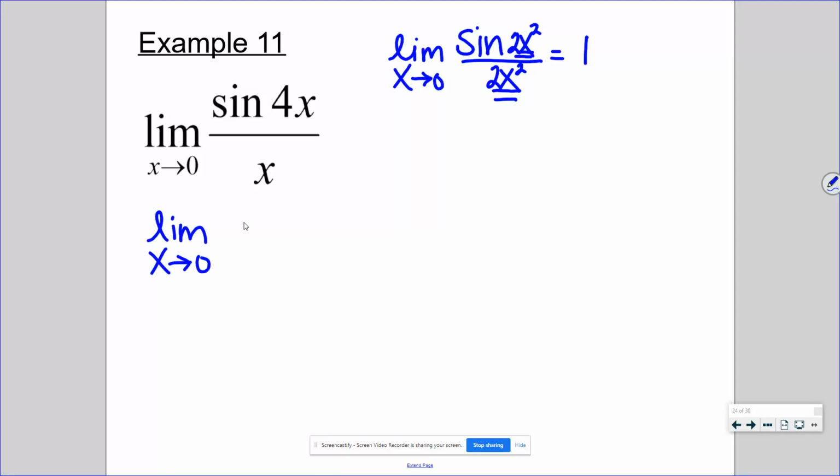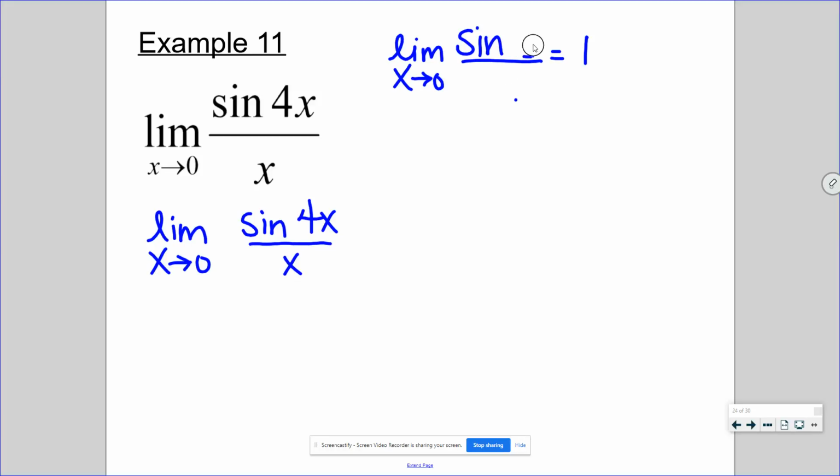So I am actually not going to split this one up like I did last time. The reason I'm not going to is because it almost looks like sine x over x, except this 4 is here. The 4 can stay where it is, and as long as I have a 4 on the bottom to match it, then I could use this special trig rule that sine x over x has a limit of 1, okay?